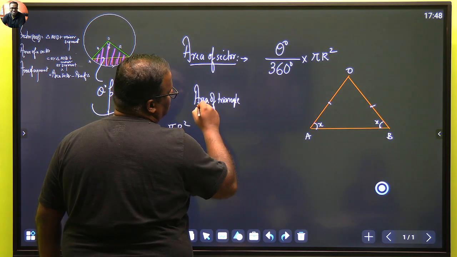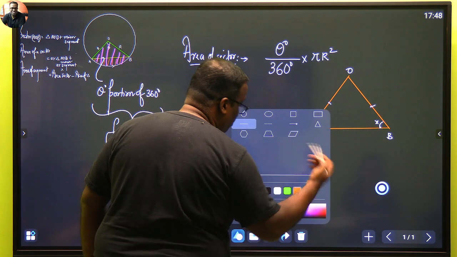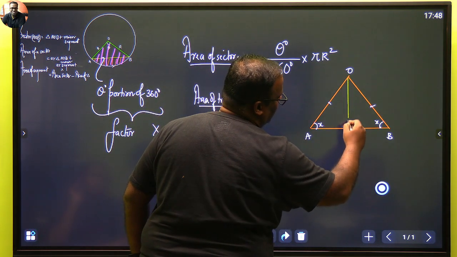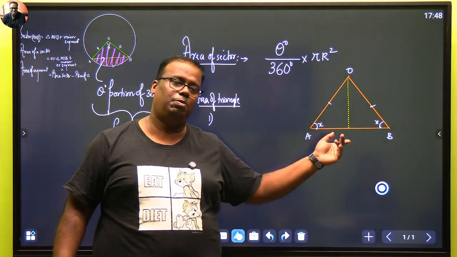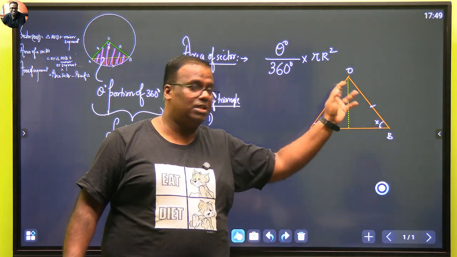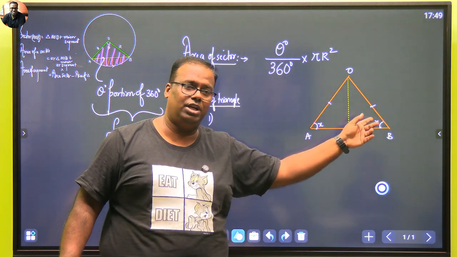Now, one of the easiest ways to find the area of a triangle, if luck is very good with you, which it will not be, as I already said, is this: this is isosceles, so the angle bisector will be the perpendicular bisector. Remember these things in your problems. Both of these sides will be the radius of the circle.